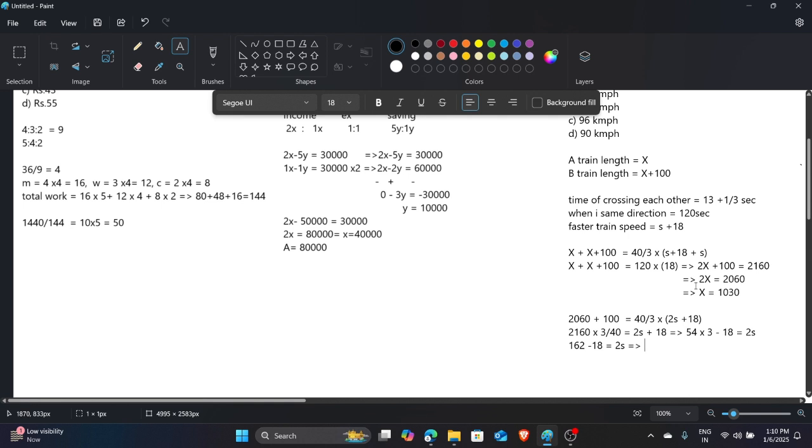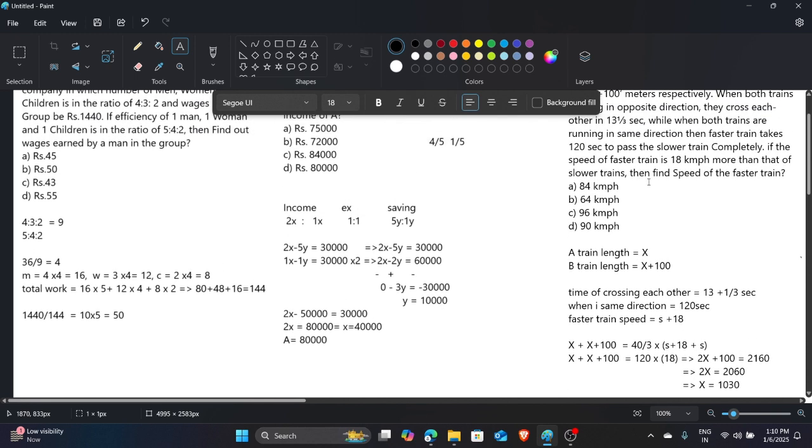When you subtract 18 from 12, it is now the 5 from 1, so 4, and 1 is already there, which is equal to 2s. So now from here you can conclude that the s value is 72. Sorry, 72.